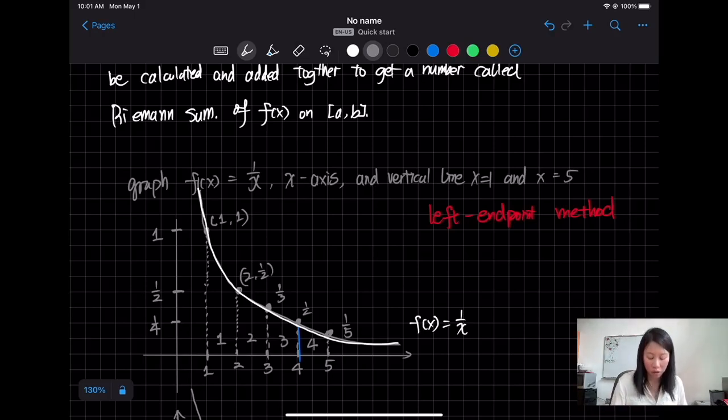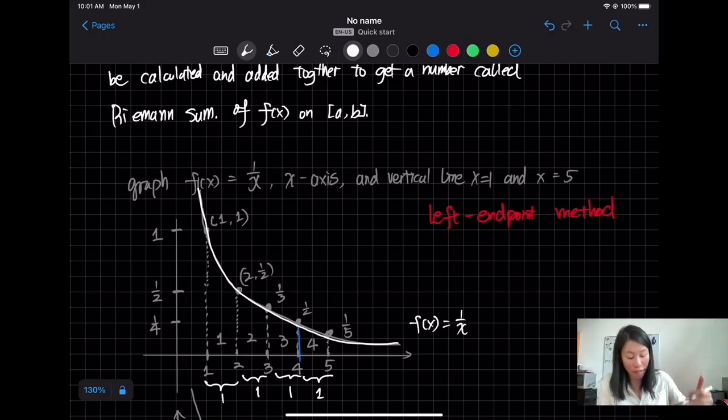Now we're going to use the left endpoint method. We know that the widths are equal, and the width of each rectangle is 1, but the height we don't know yet.